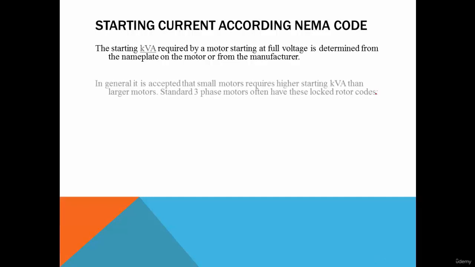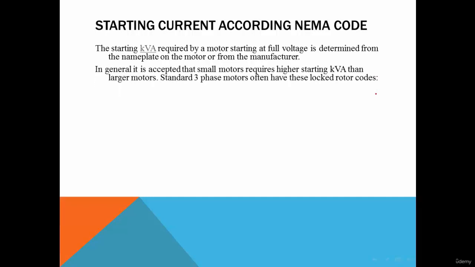The starting kilovolt ampere required by a motor starting at the full voltage is determined by the nameplate or the manufacturer. In general, the kilovolt ampere can be given by the manufacturer or nameplate, or you can use these values if you cannot find it on the nameplate.